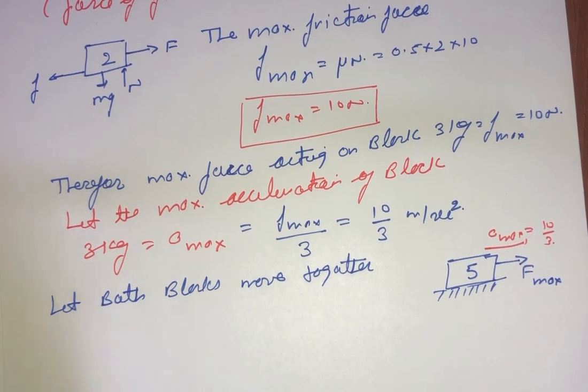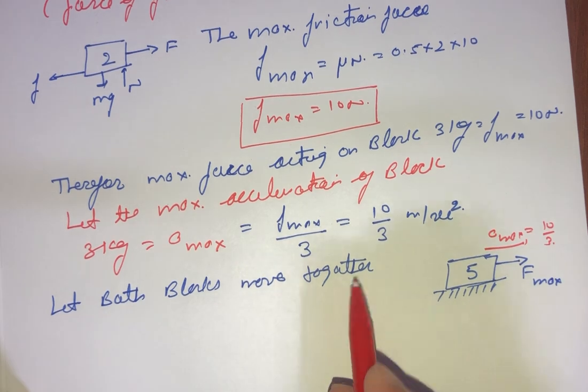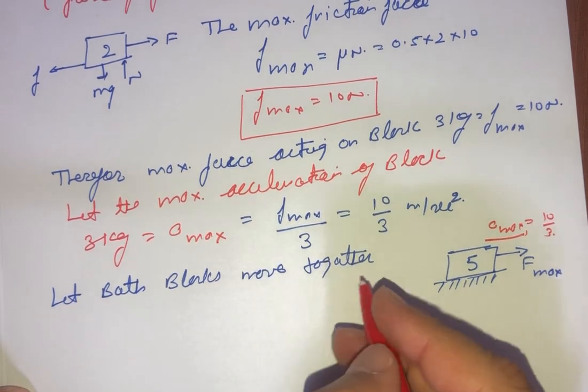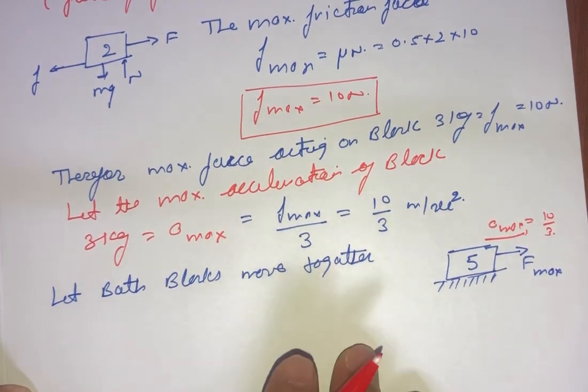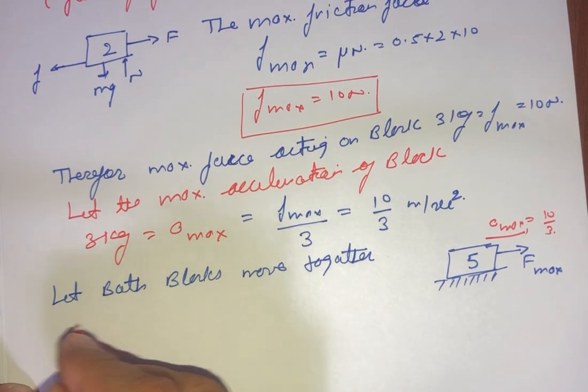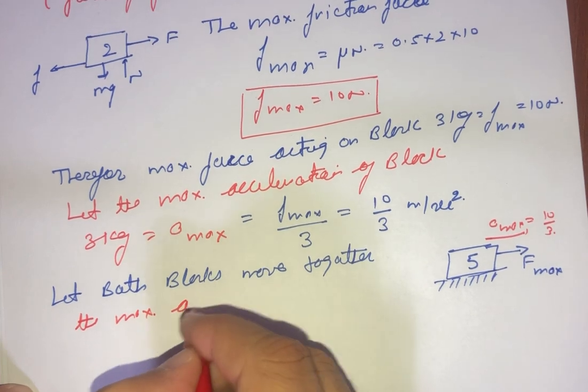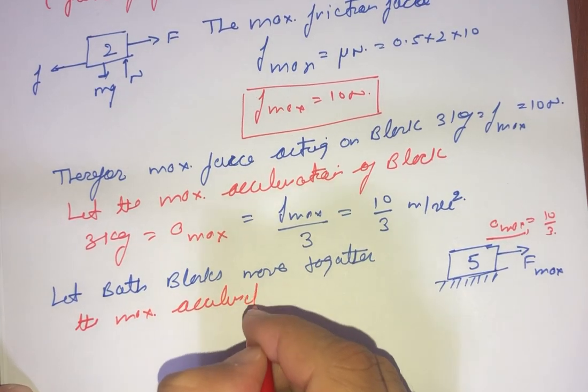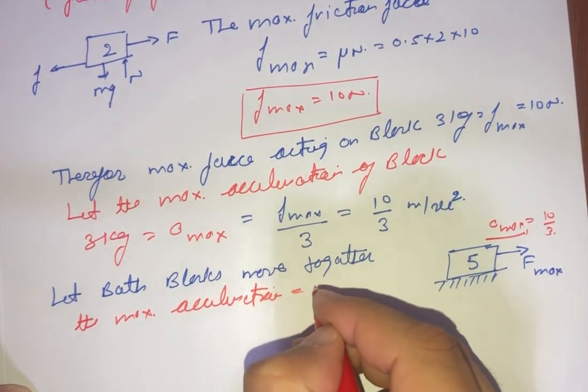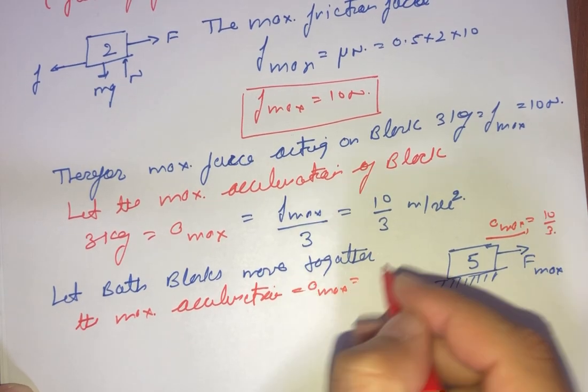Okay. Let both blocks move together, then the maximum acceleration will be equal to A max, and that will be 10 by 3.